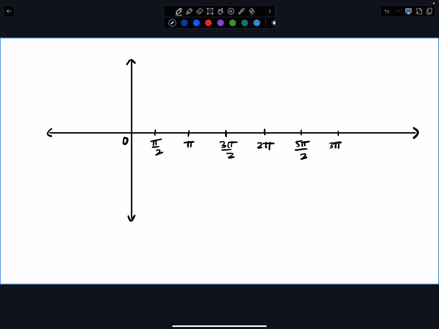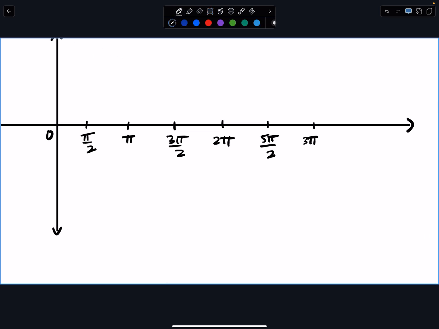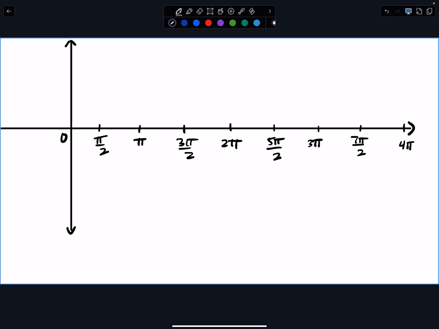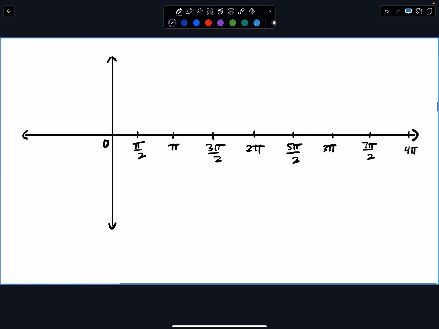If I added another pi over 2, what would that be? 7 pi over 2. And then 4 pi. So if I go backwards, do you guys agree that going backwards, this would be negative pi over 2? Does that make sense?